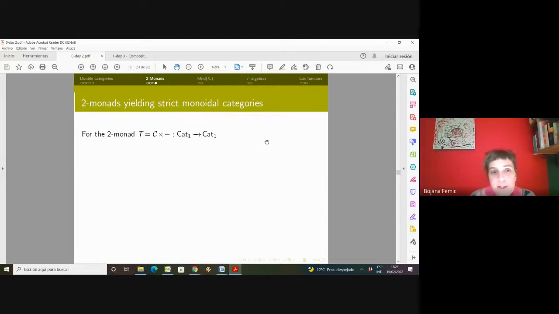Before going the other way around, one small observation: these two monads have this property that when I apply them to a star, they give me back just C itself. Okay, this is one important observation.